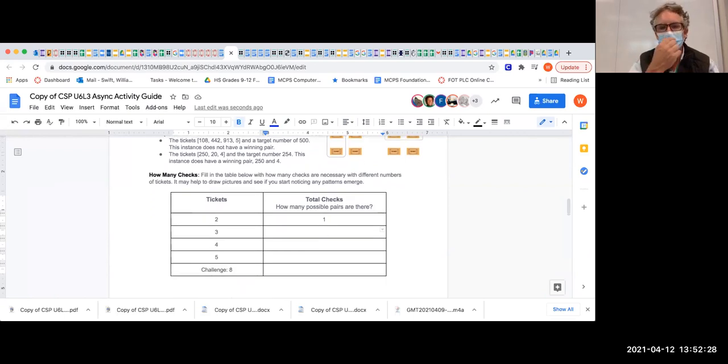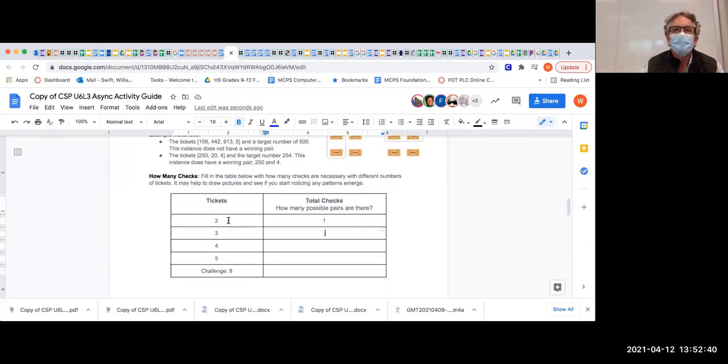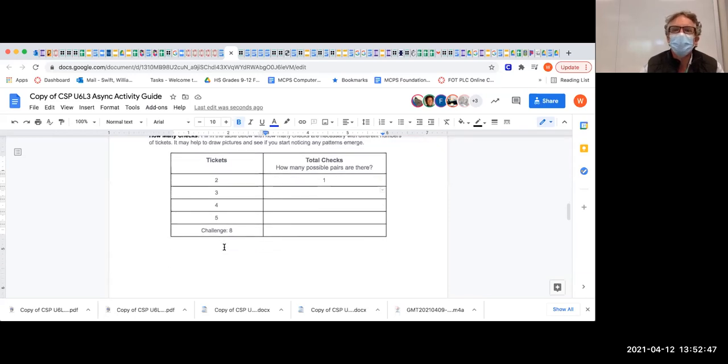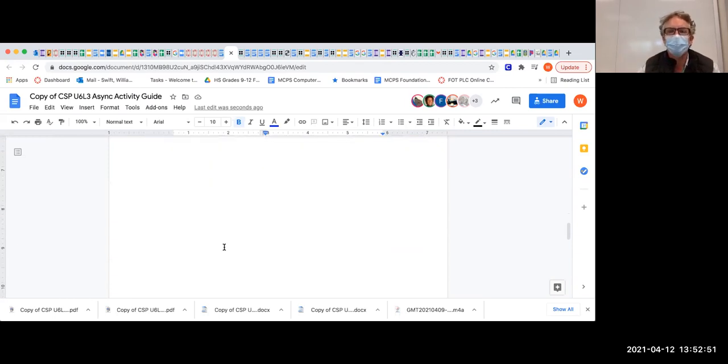Okay, so you may need scratch paper. You're trying to see how many checks you need to see if you've won the lottery. All right, this is pairs. If you had 3 tickets, how many checks would it be? If you had 4 tickets, how many ways could you check that 2 of your tickets added up to something?